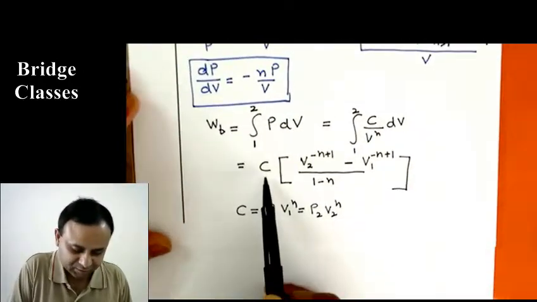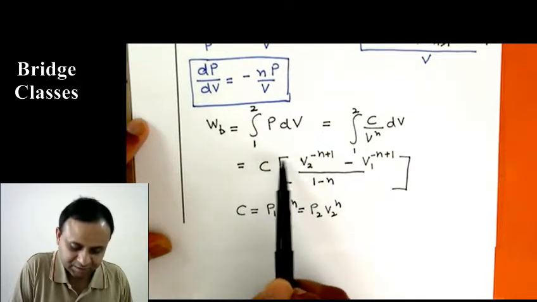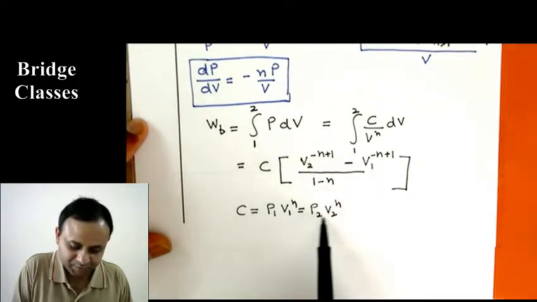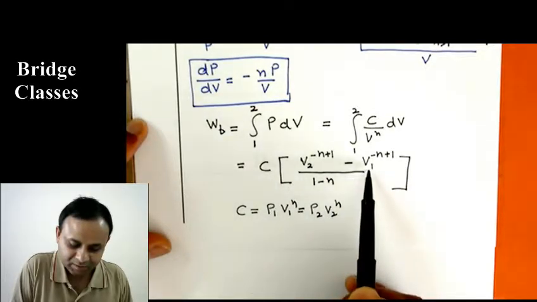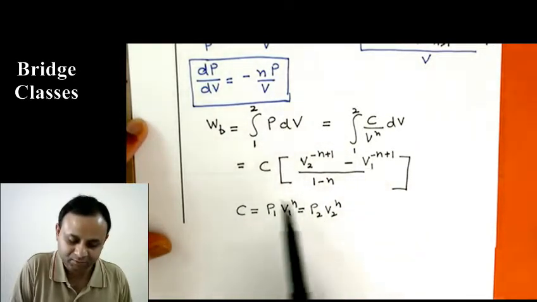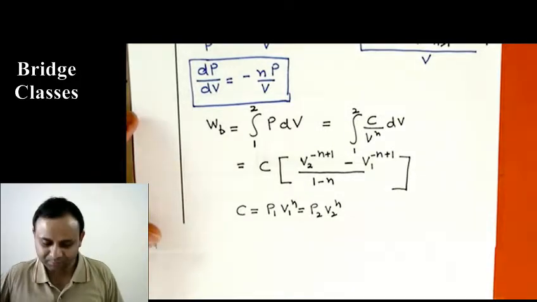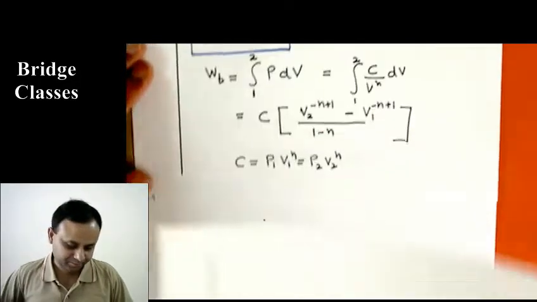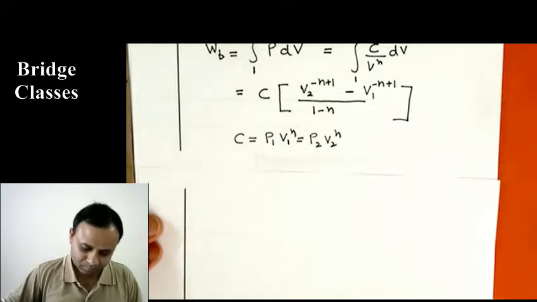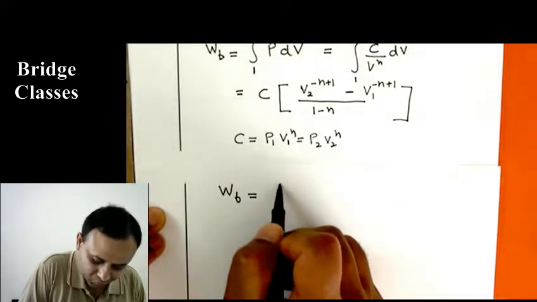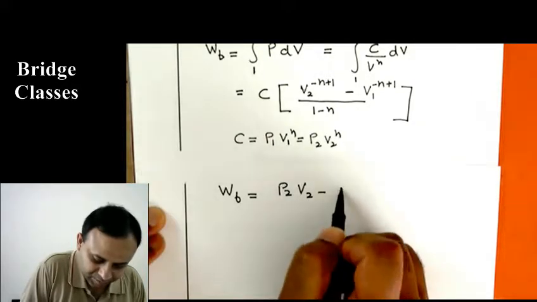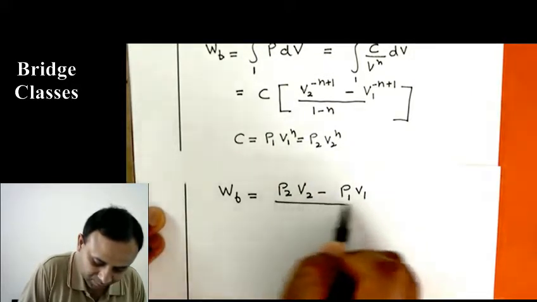So when we distribute this C with the first term, I'm going to write P2 V2 to the n, and when we distribute it with the second term, I will write P1 V1 to the n, and you just substitute them, and you'll get WB is P2 V2 minus P1 V1 over 1 minus n.